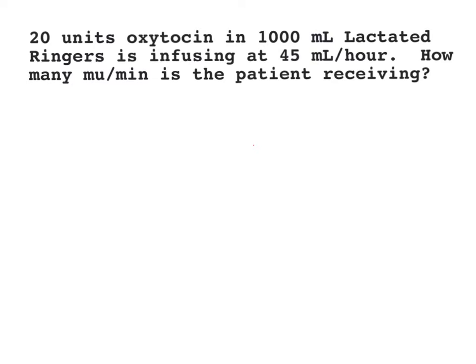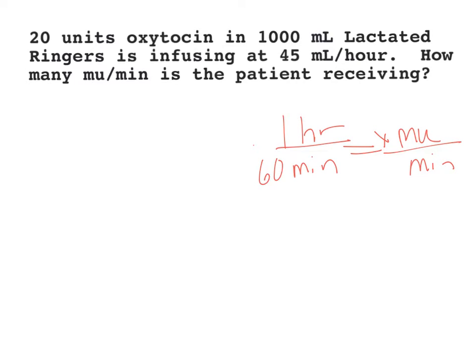We want to know, let's go in dimensional analysis, we want to know how many MUs per minute that patient is receiving. So we start where we hope to finish. We start with the answer. We want all of our MUs on the top and all of our minutes on the bottom. So now we need our minutes to be on the bottom. We know that 60 minutes is in 1 hour, right? Okay, so now we want to get rid of our mLs and have our millunits.